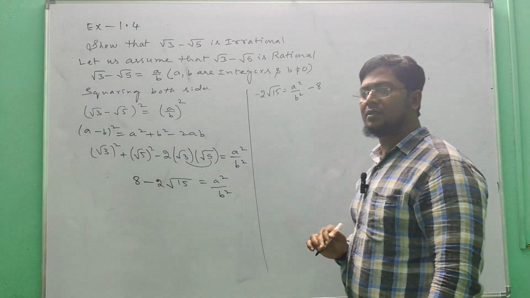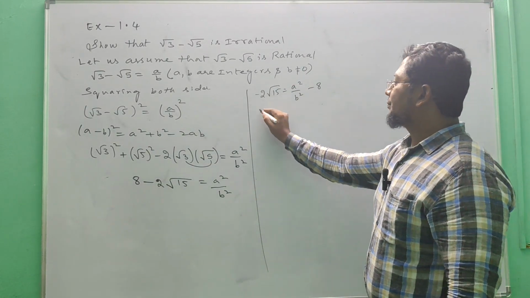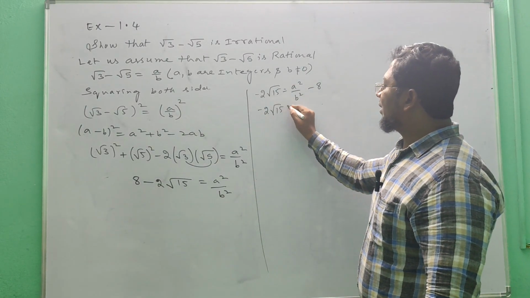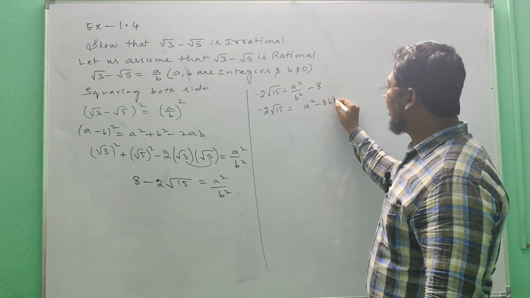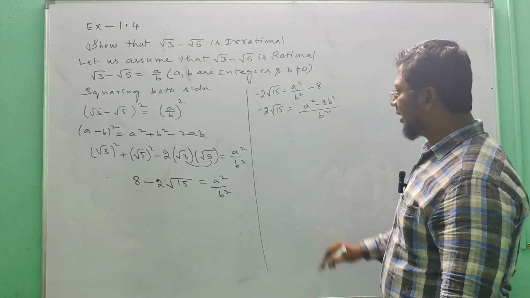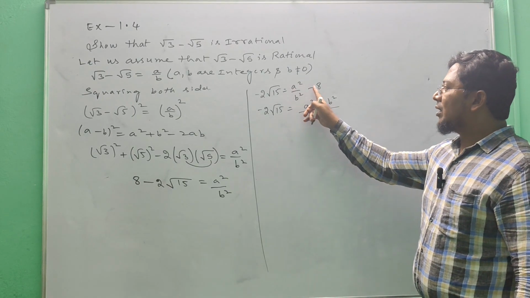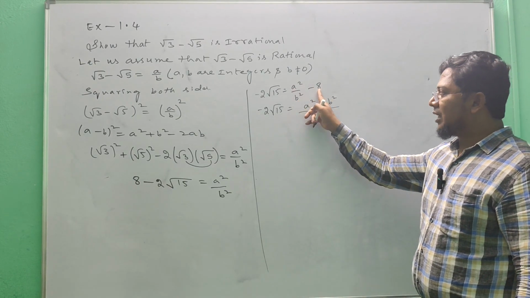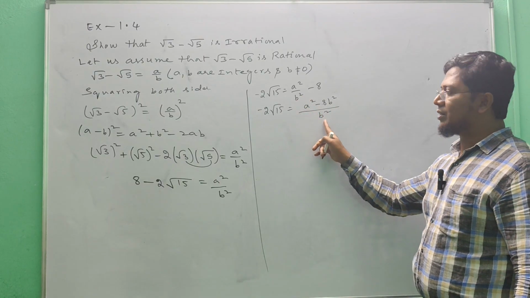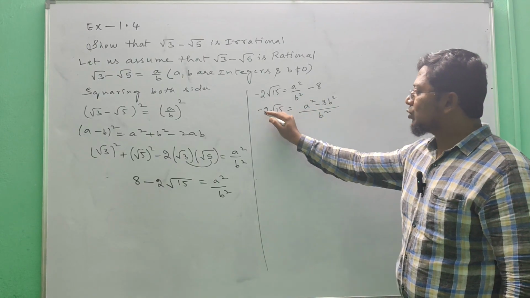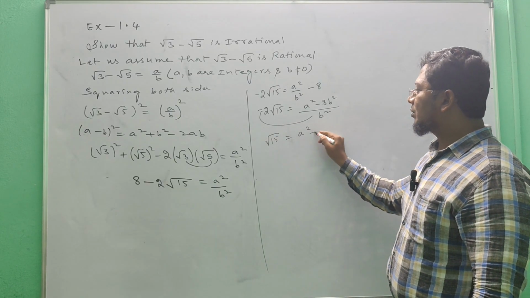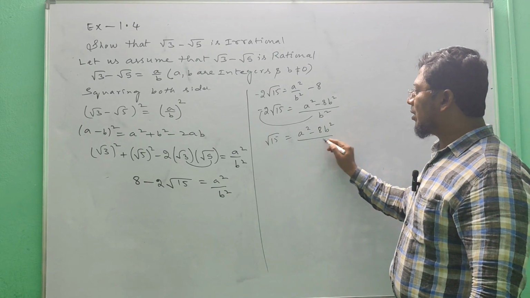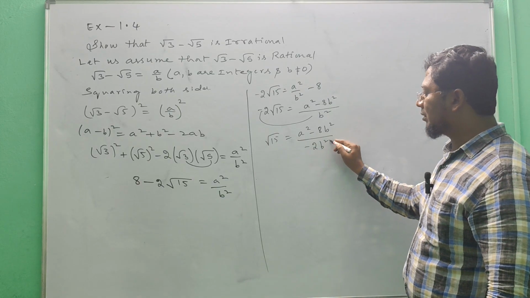Plus 8 comes to the RHS as minus 8. 2 root 15 is equal to a square minus 8 multiplied with b square, taking b square as the LCM. A square minus 8 into b square. This minus 2 we have to send to the denominator. What do we have? A square minus 8b square upon minus 2b square.